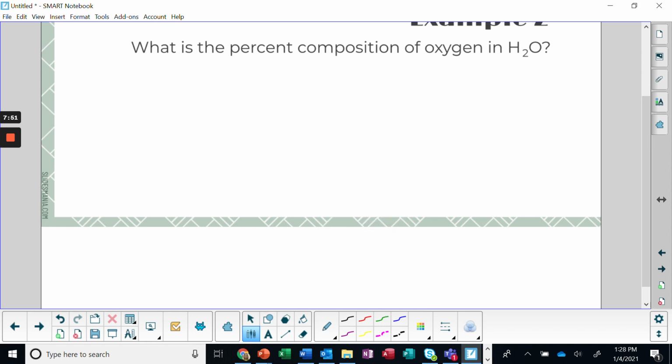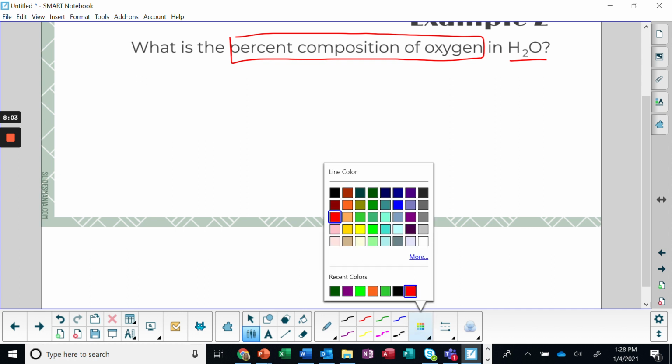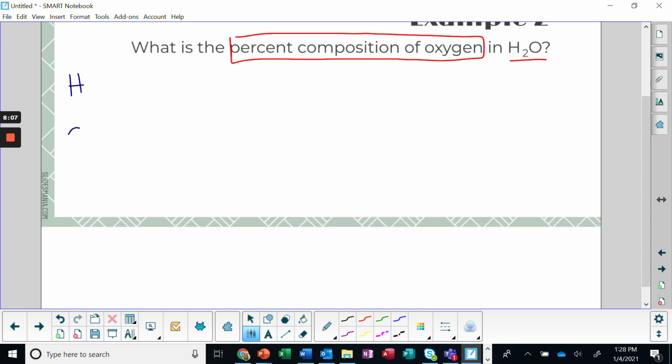Alright, so what is the percent composition of oxygen in H2O? So again, I'm going to list out each one of these elements. Hydrogen and oxygen. How many hydrogens do I have?